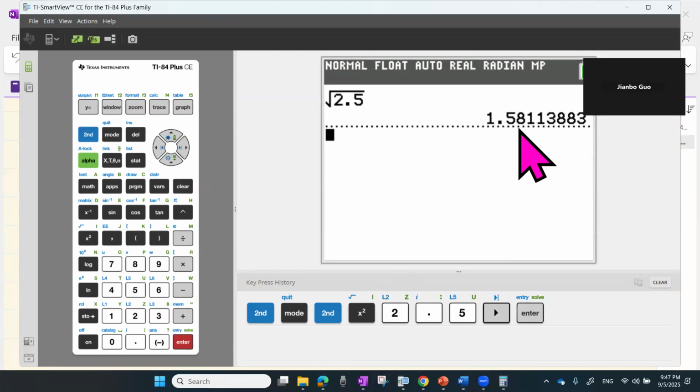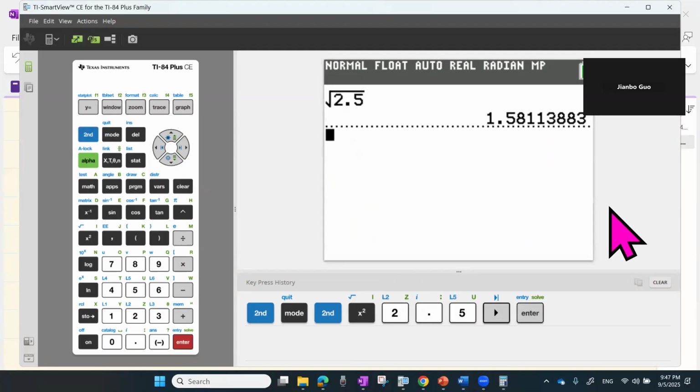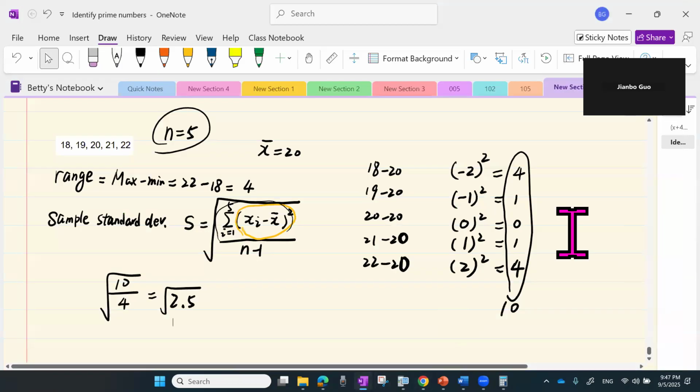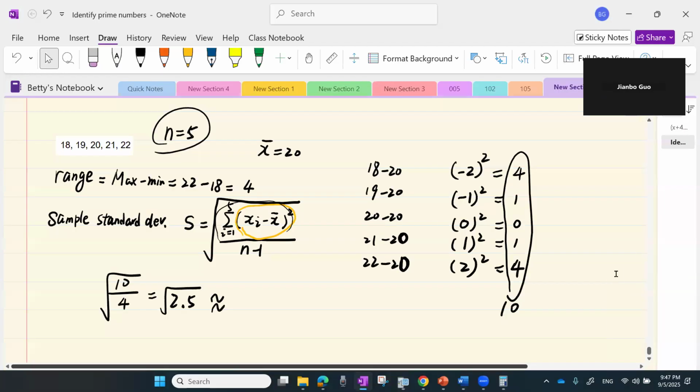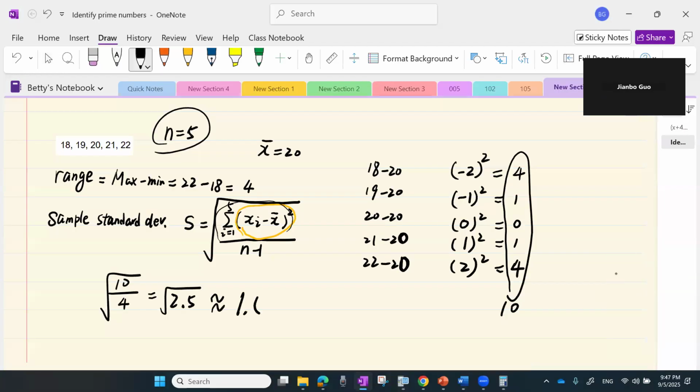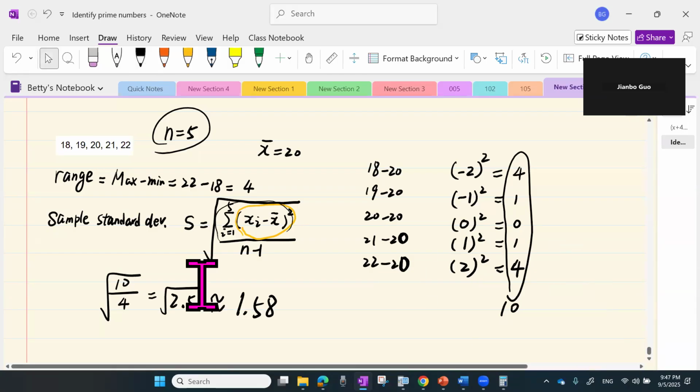How about we round to 2 decimal places? 1.58. So the standard deviation is approximately equal to 1.58. All right, so that is the approximation of the sample standard deviation. This is a sample standard deviation, by the way.